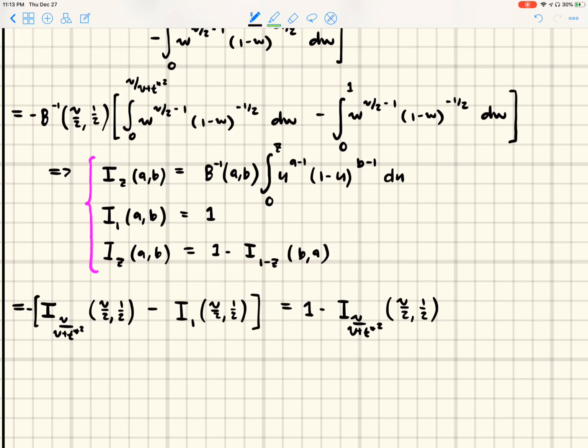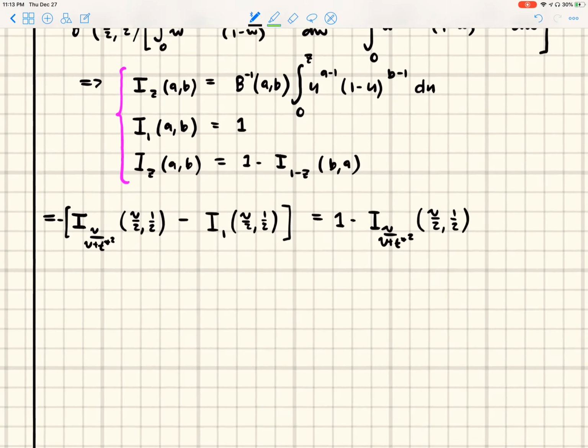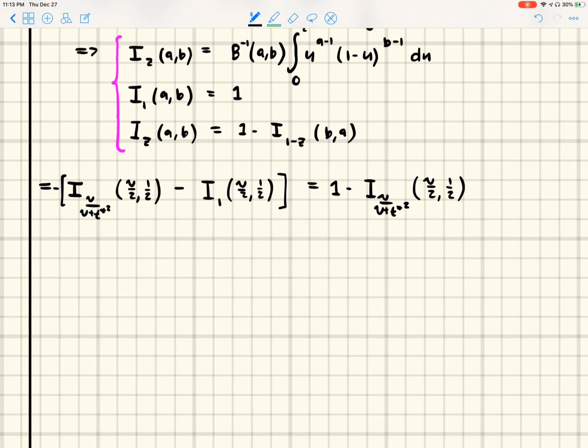And that suffices to demonstrate precisely what we set out to show, which was, indeed, that area is equal to 1 minus this regularized incomplete beta function.